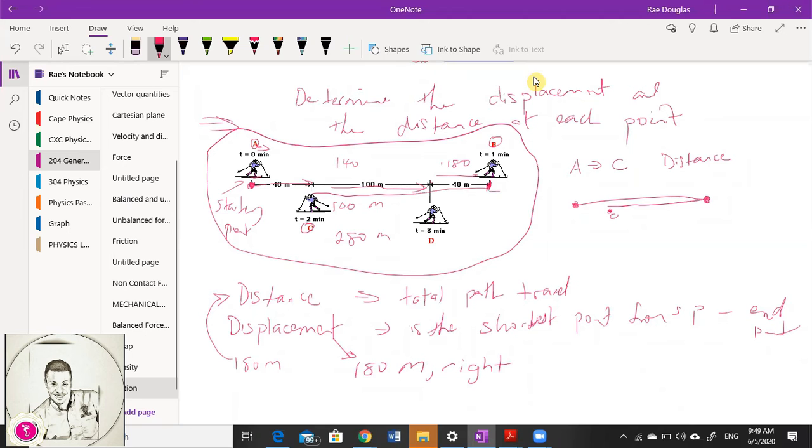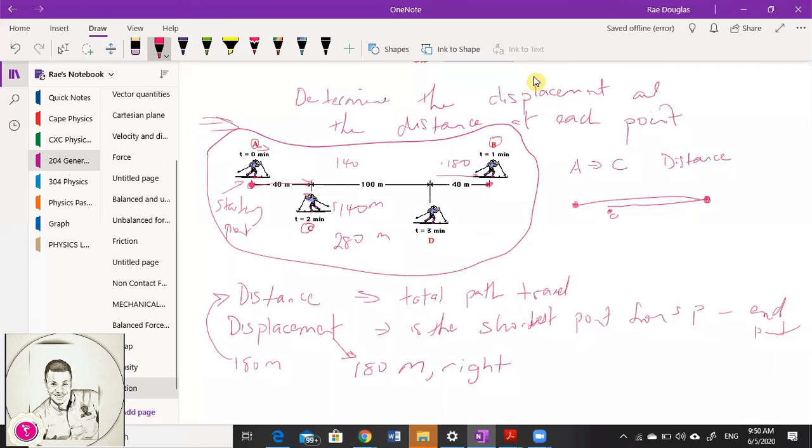Excuse me, sir. Yes. How is B to C 100 meters now? Oh wait, let me check something quickly. Yeah, you're right. So it would be 140 rather, right? So thank you for that. From B to C, it's going to be 140. So when you do all of that maths now, it's going to be 280.